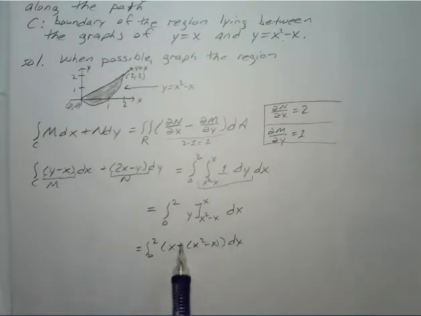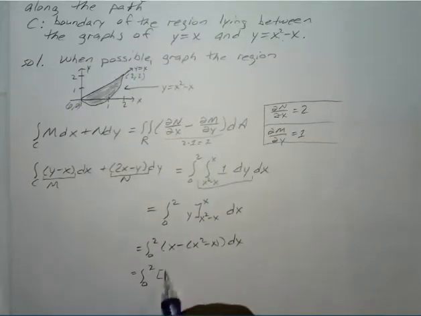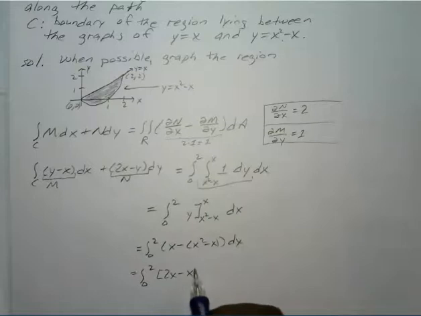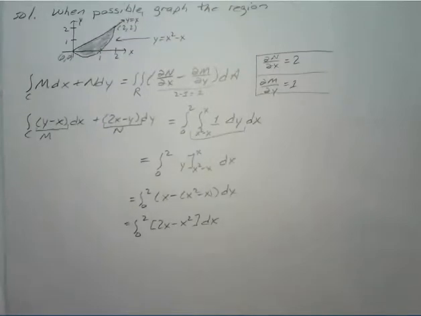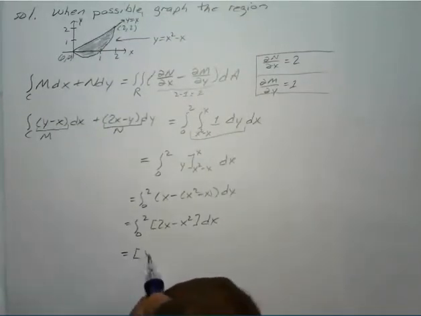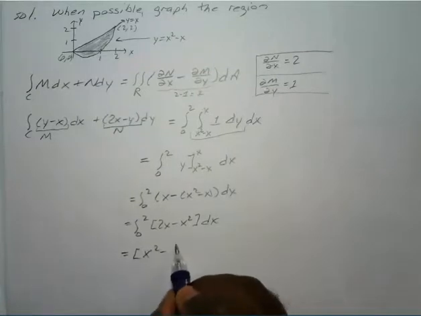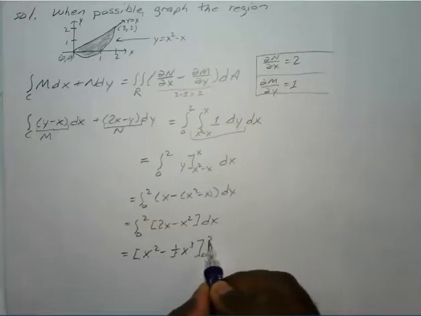If we go ahead and distribute that negative and combine like terms, we end up with the integral from 0 to 2 of 2x minus x squared with respect to x. If we integrate both of those, we end up with x squared minus 1/3 x to the third from 0 to 2.